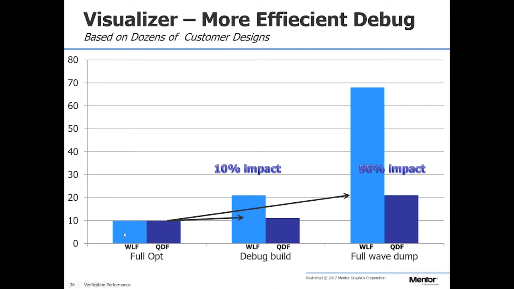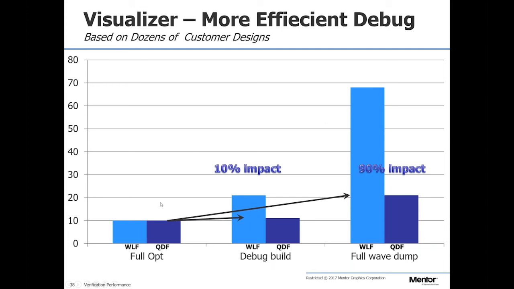Now, just putting that +acc switch on, because I've got a debug and I don't know what I need, that 10 minutes will go to about 20 minutes, just putting on that +acc switch. And then now I say, well, you know what? I'm just going to save every signal in the design because I don't know what I need.